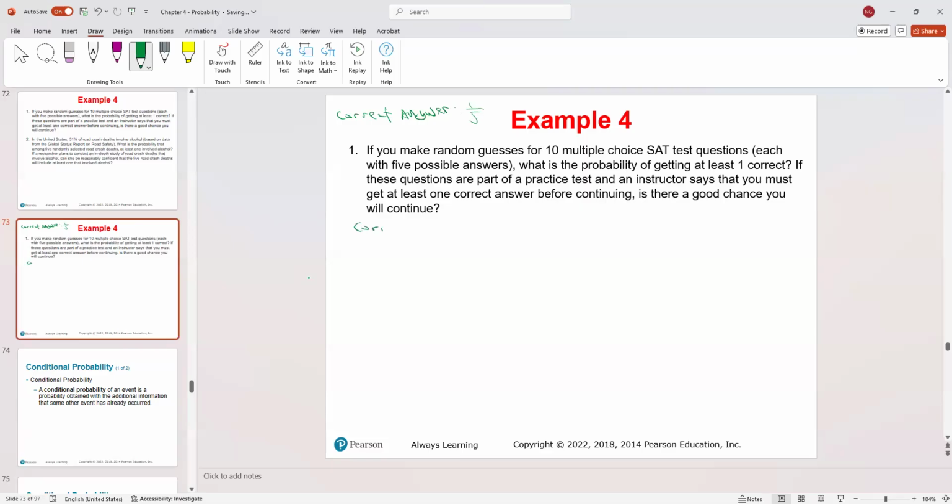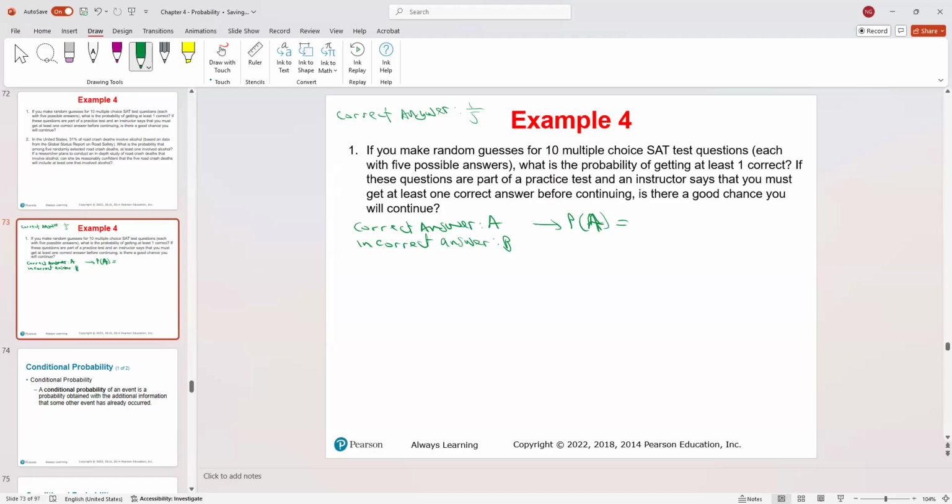I'm going to call the probability of a correct answer A, and the incorrect answer B. So let A be the correct answer and B be the incorrect answer.